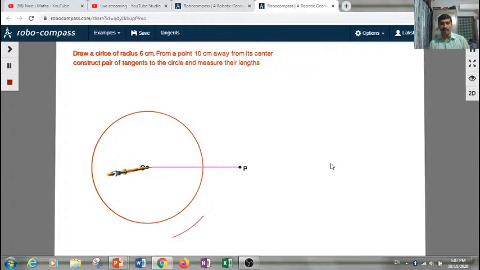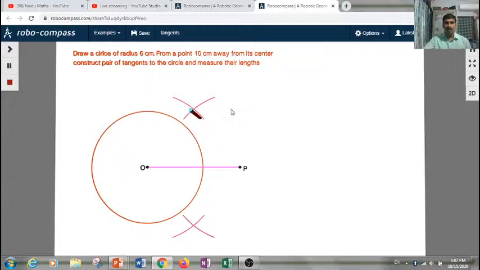That means we have to construct the perpendicular bisector. How do we construct the perpendicular bisector? With O as center, taking more than half the radius, we draw arcs on either side. Then with P as center and the same radius, that is also important, we cut this arc as well as the arc on the other side. Let us identify the points of intersection of these two.